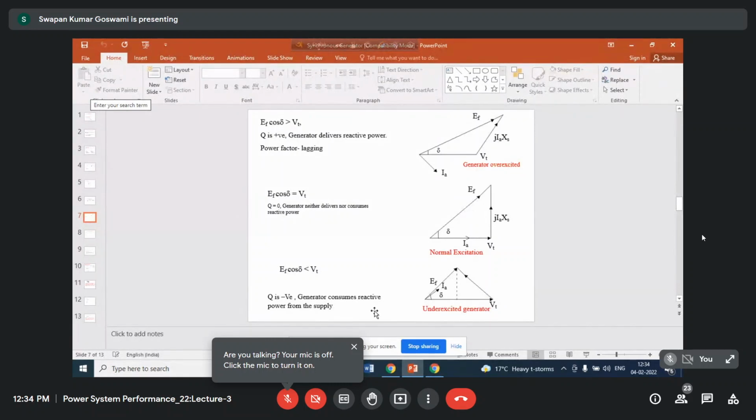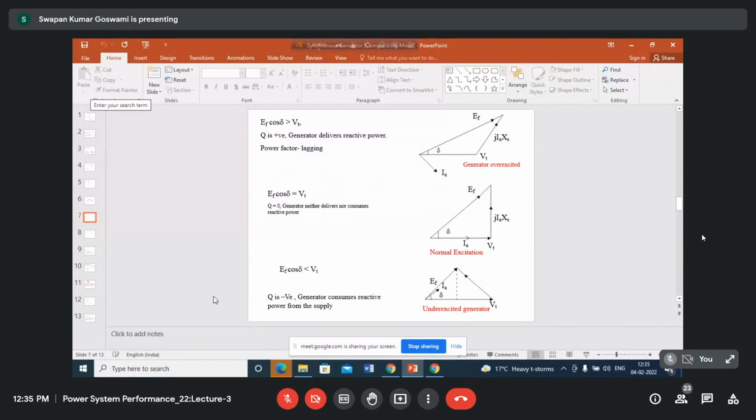So, underexcited synchronous generator, you see that here Q is negative because EF cosine delta is less than Vt. Q is negative means if positive Q represents the power delivered, then negative Q certainly represents the power consumed. That means the generator is consuming reactive power.